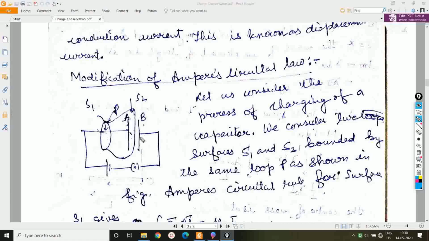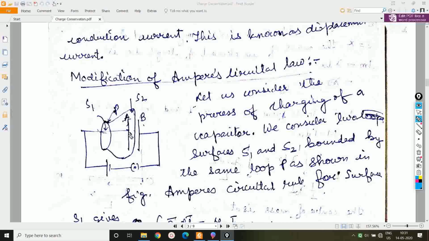So here in this figure, we have a capacitor, and the capacitor is charging through a battery. The longer line is the positive terminal and the shorter one is the negative terminal of the battery. When we connect this key, some electrons start flowing from plate A of the capacitor towards the positive terminal of the battery. The same number of electrons move towards plate B of the capacitor.